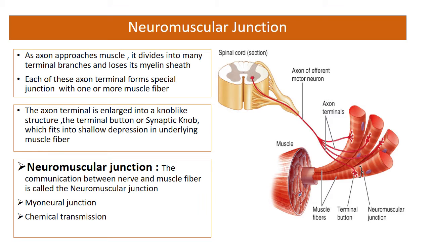Now, when this nerve fiber or the axon comes closer to the muscle, it loses its myelin sheath and divides into many terminal branches. Here you can see the axon and its terminal branches. Each of these axon terminals forms a special junction with one or more muscle fibers.